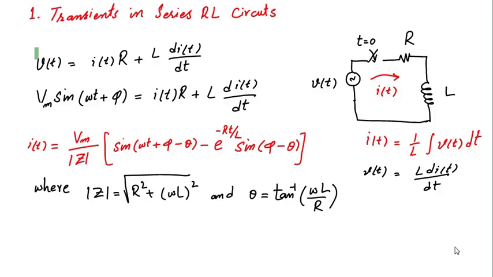What happened? Due to the addition of resistance, this resistive part will dissipate the DC component inside that current, and that DC will become a decaying DC, because in the earlier circuit, if we put the value of R equal to 0 in the power of that exponential, that will become 0. So e raised to the power 0 will become 1. It means that the DC component will never decay.